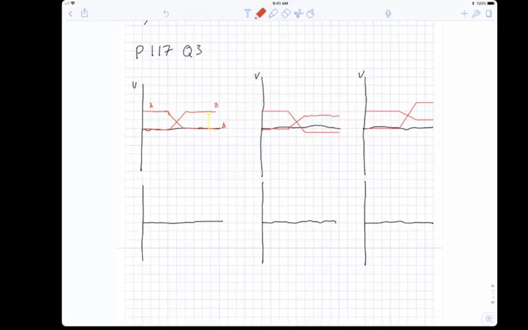So A's kinetic energy looks like this. Maybe like this. It's 4. And then it goes down like that. And B's looks like this. Starts out as 0 and then goes up.